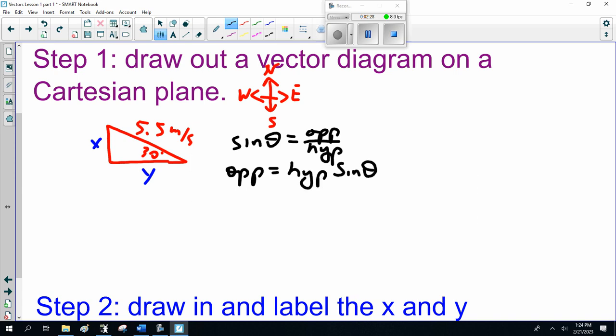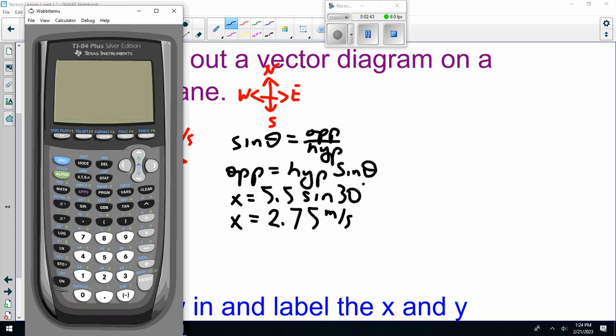In this instance, for this angle, the opposite is x. So 5.5 times sine of 30 degrees. It should be 2.75, but let me double check. 2.75 meters a second.